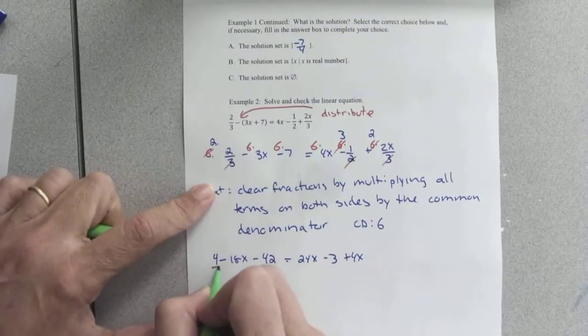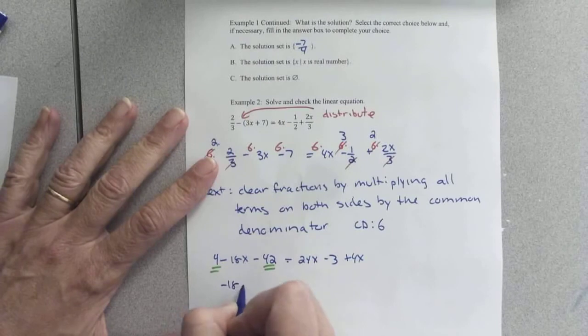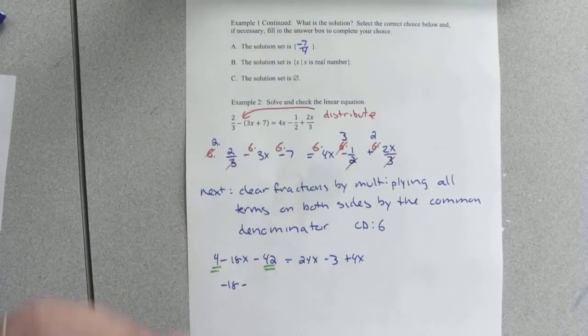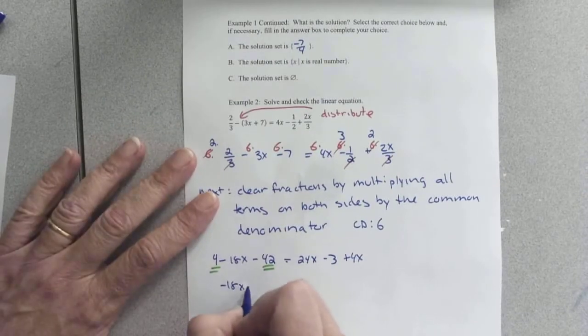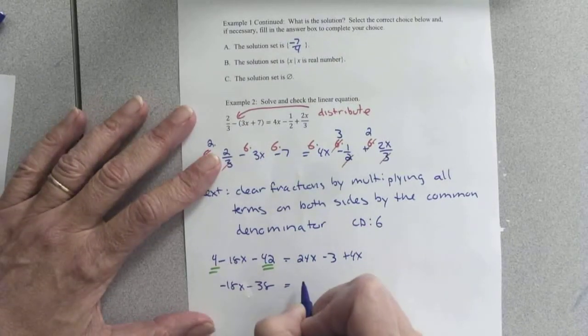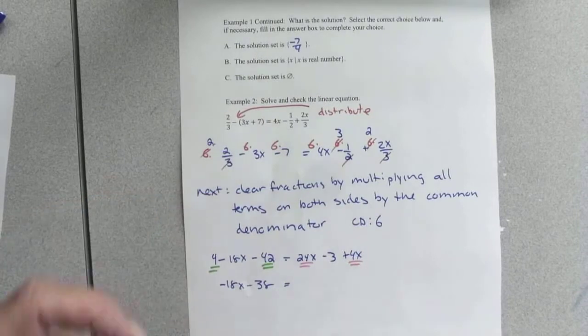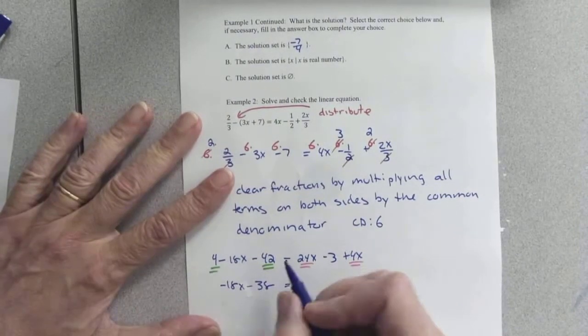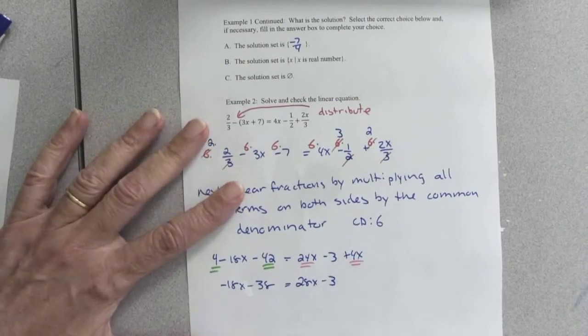Now let's collect like terms. 4 minus 42 is, just lost my train of thought, negative 38x. Then 24x plus 4x for 28x minus 3.